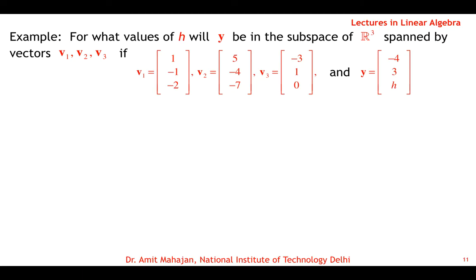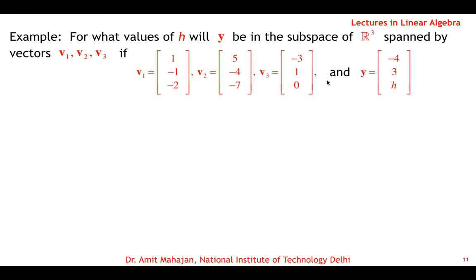Another example asks: for what value of h will the vector y be in the subspace of R3 spanned by the vectors v1, v2, v3, if you are given v1, v2, v3 and this vector y. So what is the value of h such that y is in the subspace of R3 spanned by these three vectors?